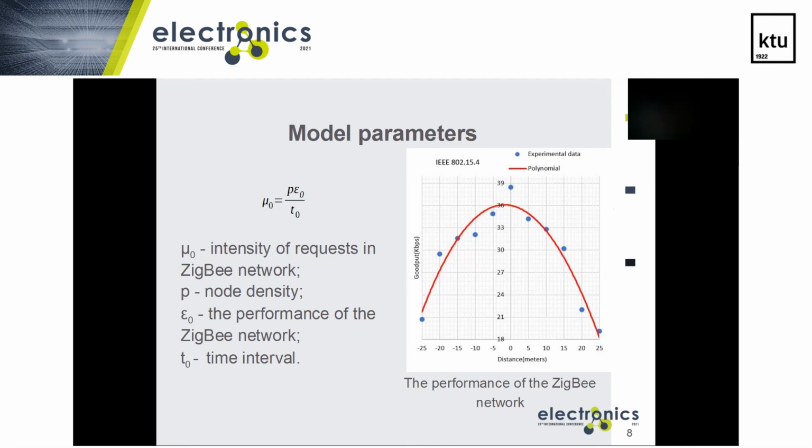T0 is the time interval of the node density p, and epsilon 0 is the performance of the Zigbee network. The usable data rate in this network depends on the distance to the base station. To estimate the model parameters, we can assume that the time for processing data at the nodes obeys experimental distributions.